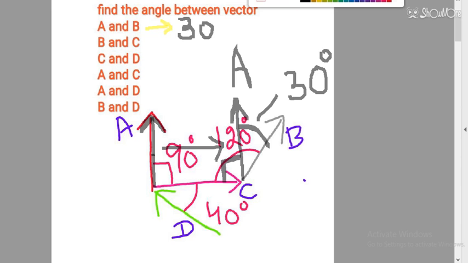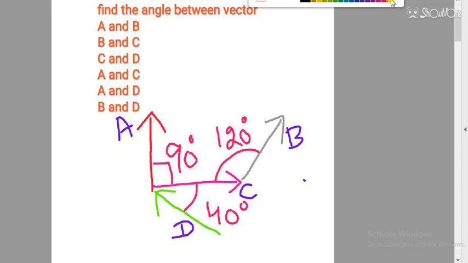Okay. Now I am moving to the angle between vector B and vector C. So here you can see B is this one. The head of C is meeting the tail of B. So I parallelly shift C in this way.